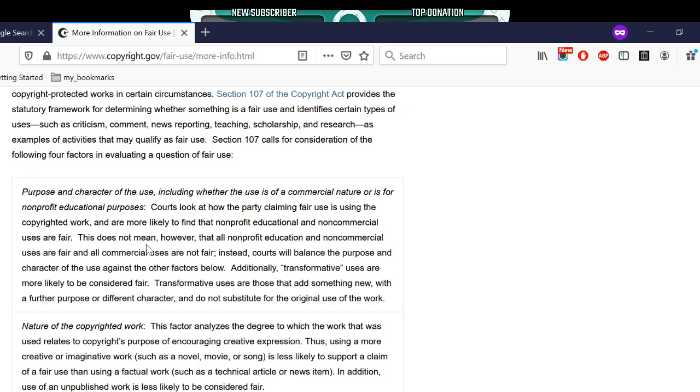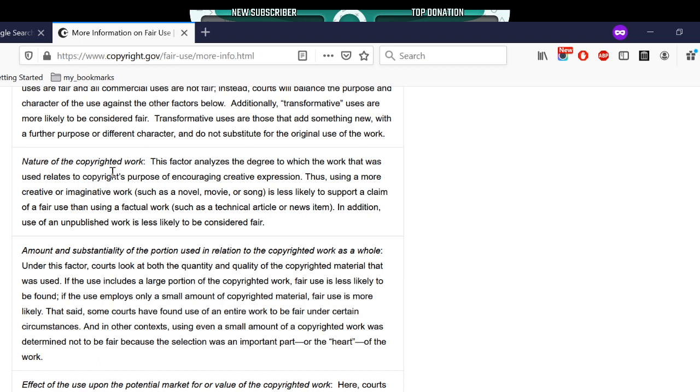This does not mean, however, that all non-profit education and non-commercial uses are fair and all commercial uses are not fair. Well, okay, so it gave us guidance on what is considered fair and not considered fair, and then immediately told us that, well, that might not actually be true. Very unhelpful, copyright.gov. Okay, let's keep going.